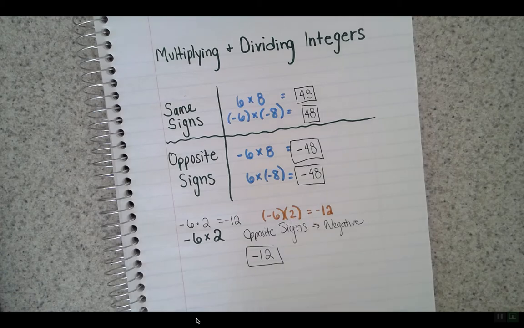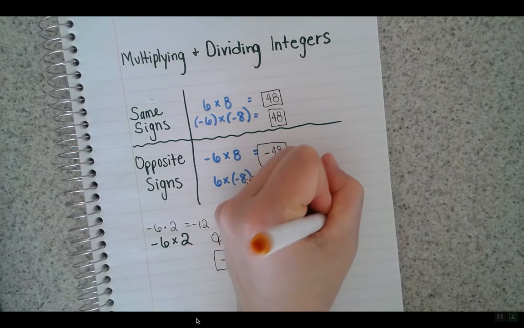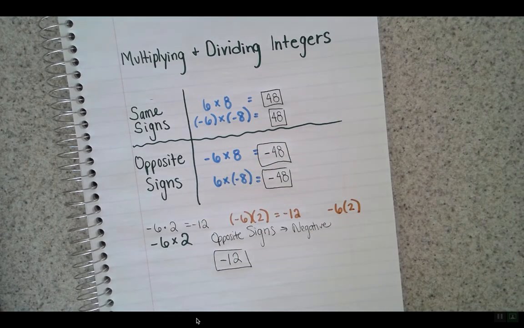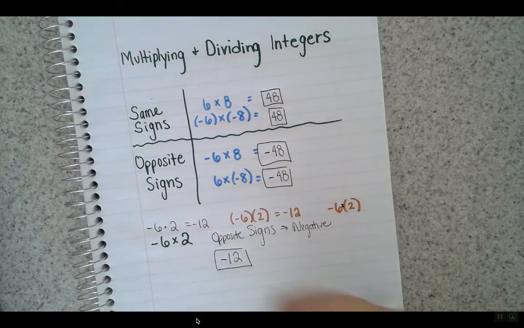Okay, the problem could also be written like this, with just one set of parentheses. Notice the 6 is right next to the parenthesis. There's nothing in between, no plus sign, no minus sign. When you have this happening, a number sitting right next to a parenthesis, there is an invisible multiplication sign smashed in the middle of those two.